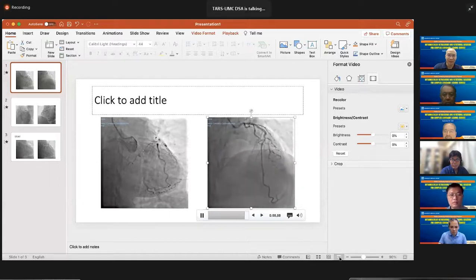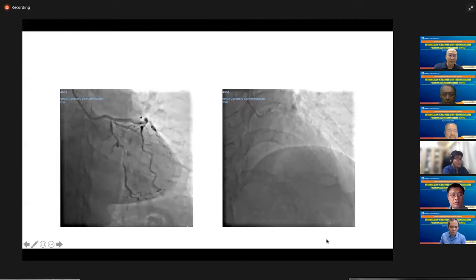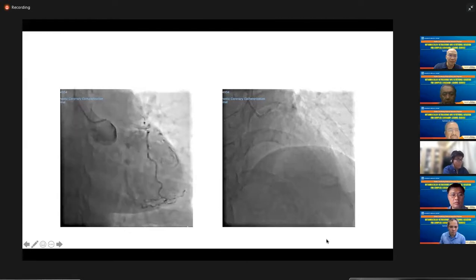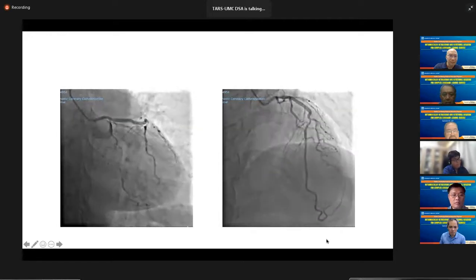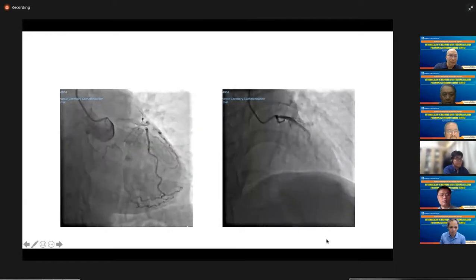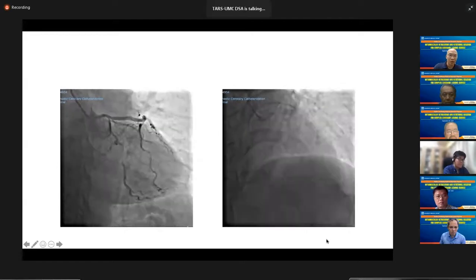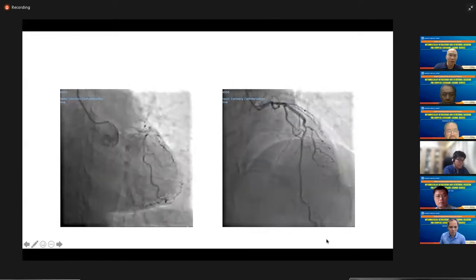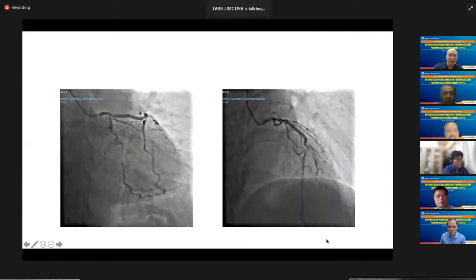This is the angiography in August 2021. Here is the RAO caudal view. We can see the mid circumflex has a severity of 80%, and the left main is narrowing about 50%.